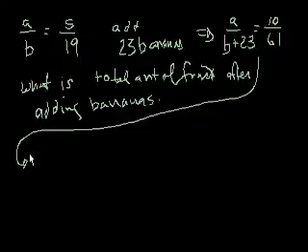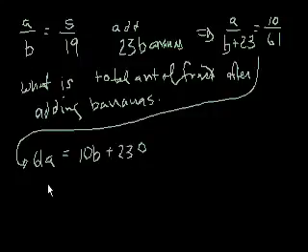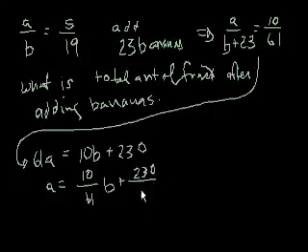We know if we cross multiply that 61A is equal to 10B plus 230. And if we divide both sides by 61, we know that A is equal to 10 over 61 B plus 230 over 61. All right?